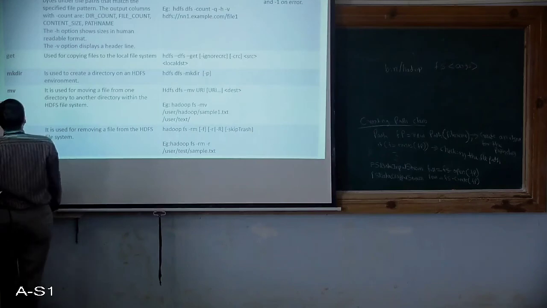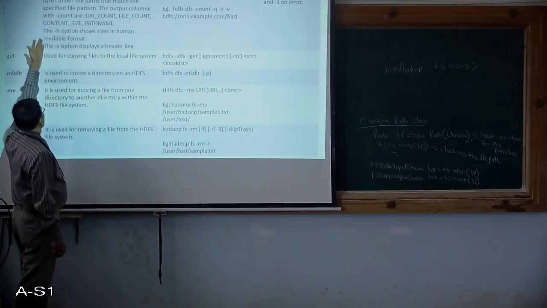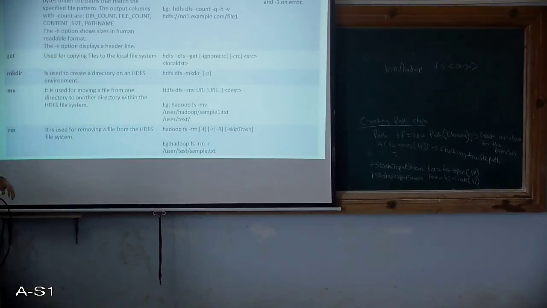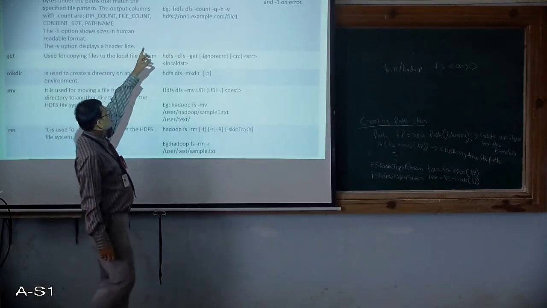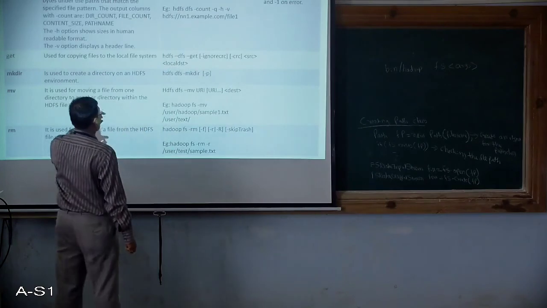Next command under discussion is count, which is exclusively used for counting the number of directories, files and bytes under the path that match the mentioned file pattern. The syntax is hadoop fs -count -q -h -v.